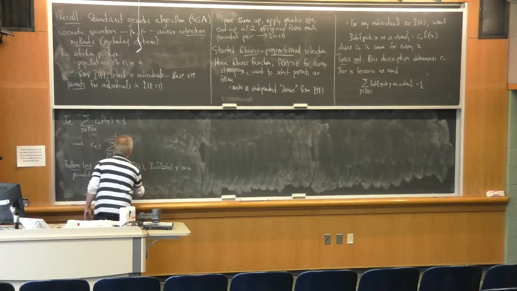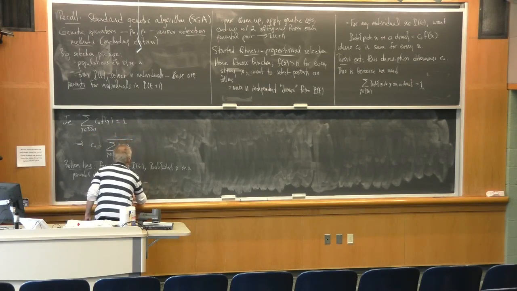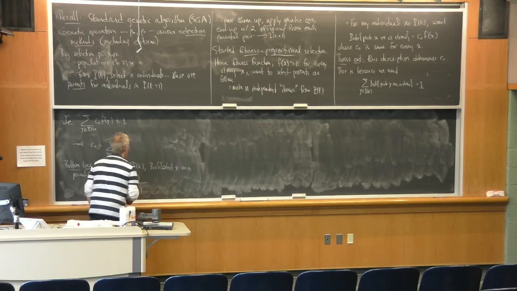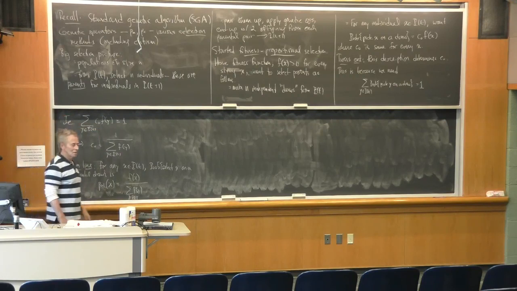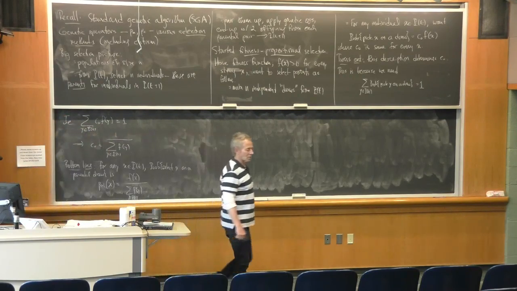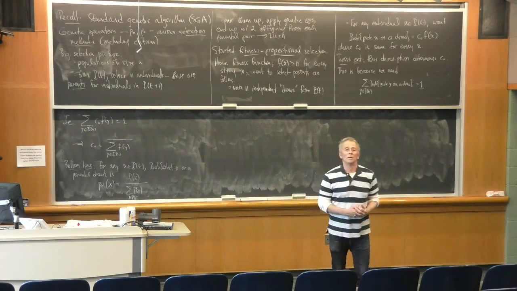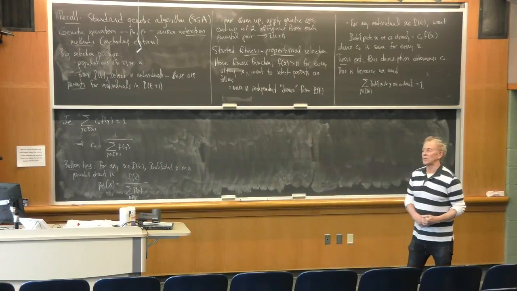And that's going to be f of x divided by the sum of all the fitnesses of all the strings in P of t. Okay. All right. So that's fitness proportional selection. That's how you draw the parents for the next generation using that particular selection technique.